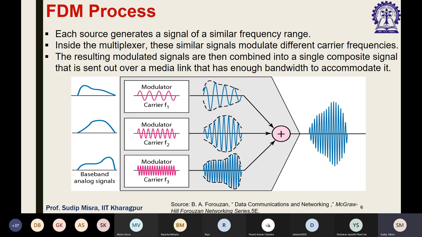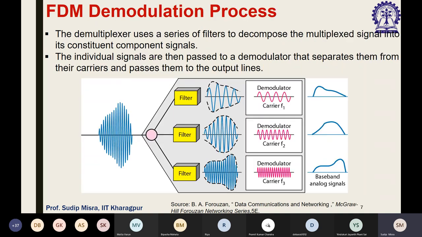Now let us look at what the demultiplexer is going to do. The demultiplexer receives the combined composite modulated signal from the multiplexer, and with the help of filters, first it filters out the different signal components.